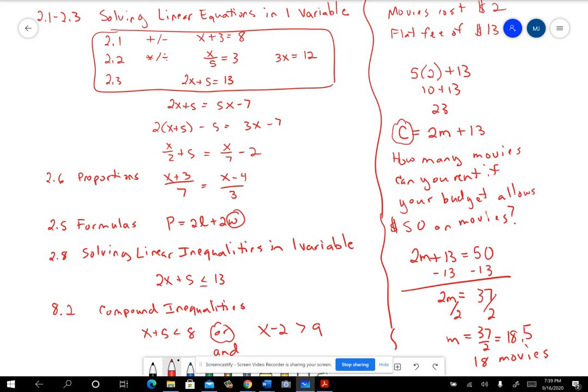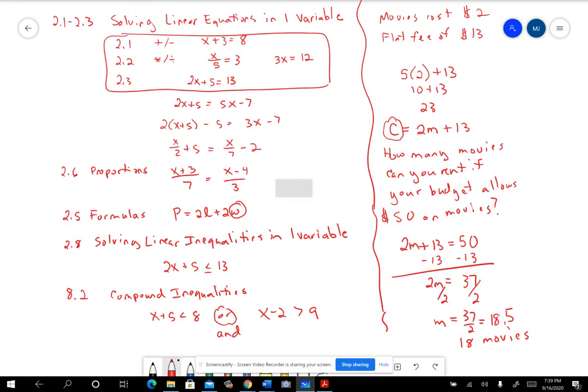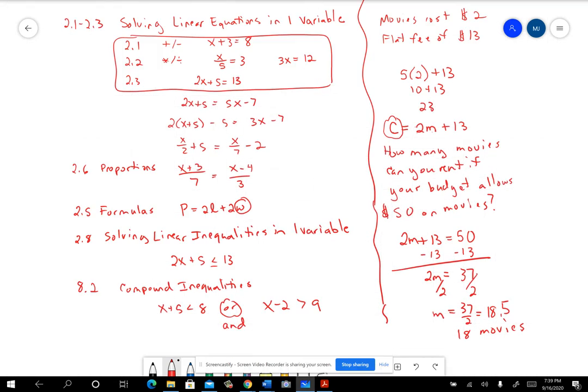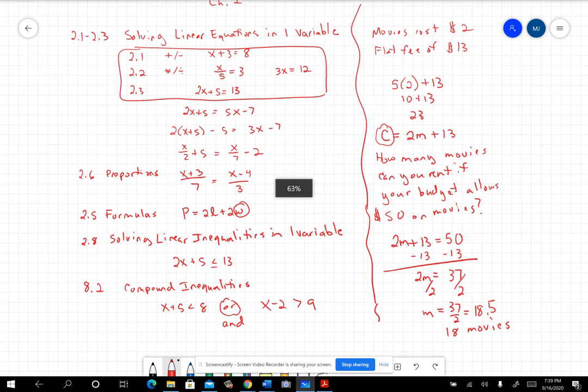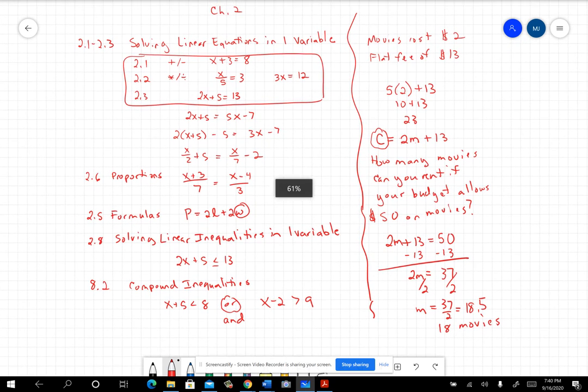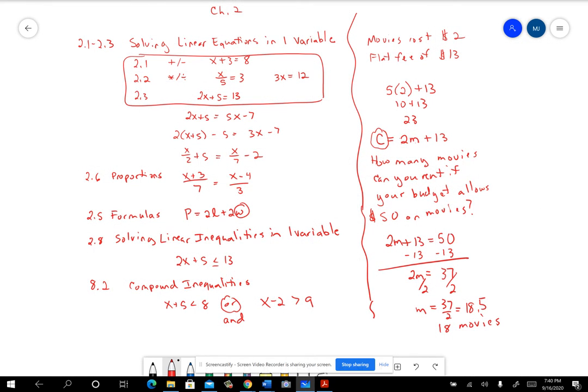Okay, all right, so let me shrink this a little bit. I really want you just to kind of have the big overview here. So the chapter 2 material, what we're doing is we're working with equations in one variable. They're called linear equations, and the big idea is being able to solve them.